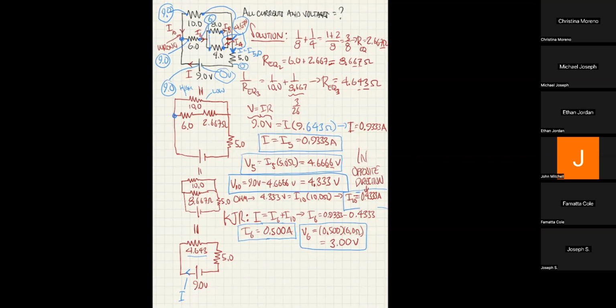So now what we know, since I know the right-hand side of the 8 ohm resistor is 4.67 and the left-hand side is 6, then I know that the voltage across the 8, V8, is in fact going to be equal to 6.0 volts minus 4.667 volts, which is equal to 1.33 volts.